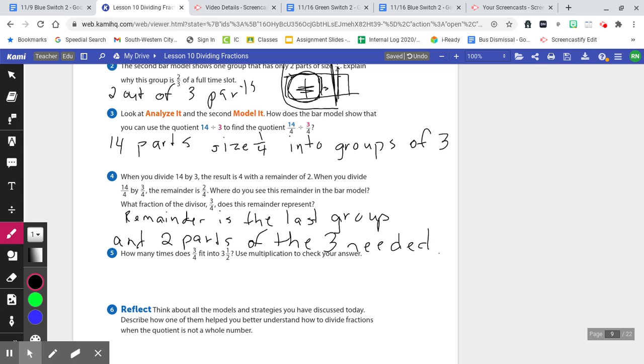Number 5, how many times does 3/4 fit into 3 1/2? Use multiplication to check your answer. So we already said the answer was 4 2/3. So we're going to use multiplication. I'm going to do 4 2/3 times 3/4. Again, I'm going to change this to an improper fraction, which gives me 14/3 times 3/4.